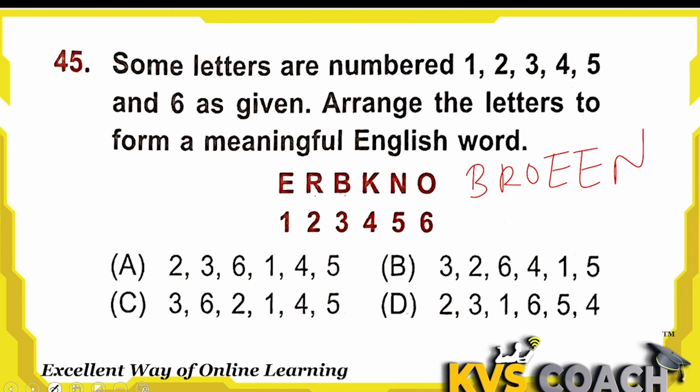So for broken, B is 3, R is 2, O is 6, K is 4, E is 1, and N is 5. So 3, 2, 6, 4, 1, 5. B is the right answer here.